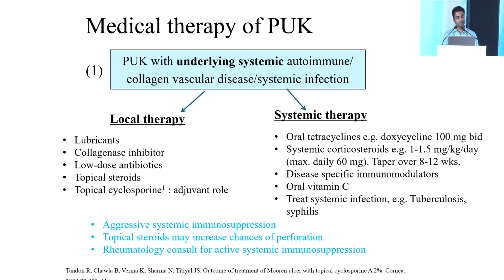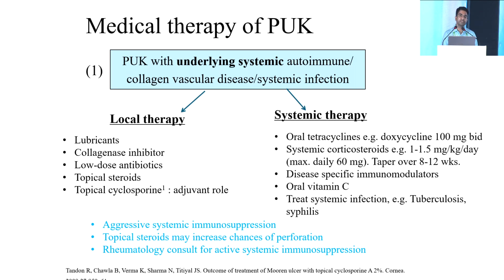Topical steroids are the mainstay of treatment. You can add on adjuvant therapies like cyclosporin. Systemic therapy includes corticosteroids, prevents stromal lysis with oral tetracycline, or disease-specific immunomodulators, vitamin C for healing, as well as systemic infection should be treated. So this is the overview of treatment in cases of PUK.